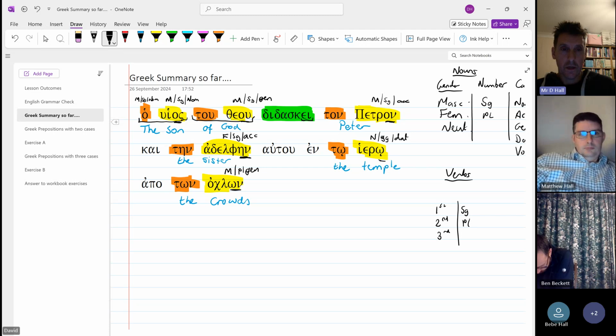The Son is in the singular. And so therefore, if it's going to be what the Son is doing, then the verb needs to be in the third person singular in order to represent that. So the third person singular, and it means to teach.